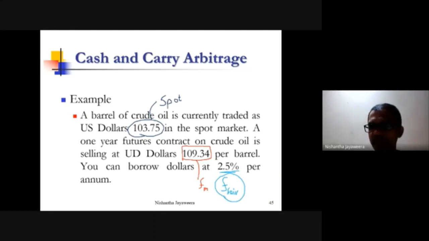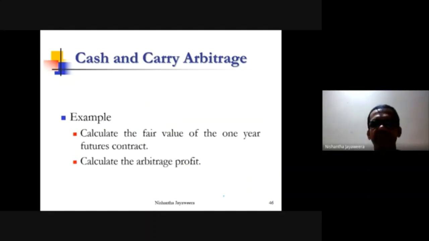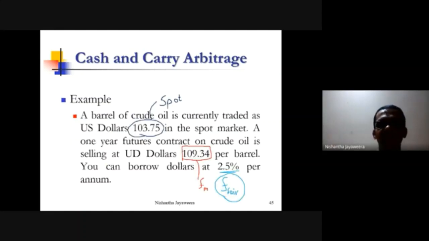As I mentioned, there are no other costs given. First step is to calculate the fair value of the 1-year futures contract. Why 1 year? The price is given for a 1-year futures contract. So can you calculate it and let me know what is the futures fair price?